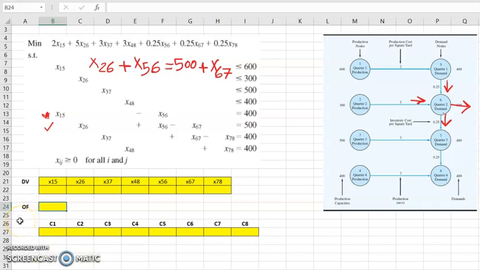For the objective function, we are going to do the same as before. We start with equal, and we do 2 times x15 plus 5 times x26, and continue like that. The objective function cell is filled up like this, and here just this 25 cents, I factorized it over it.